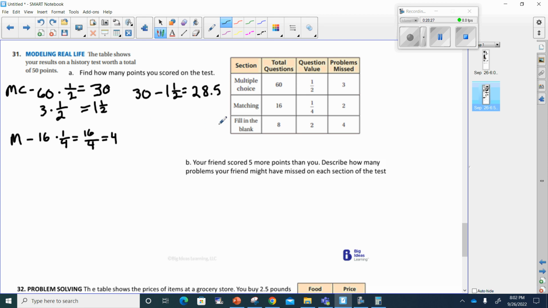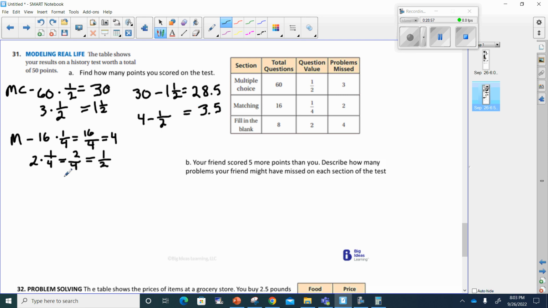Let's see here. You missed 2, so that's 2 times 1/4, which means you got 2/4, which is equal to 1/2. So you missed 1/2. All right. So if there are 4 altogether and you missed 1/2, that means you got 3.5, right?